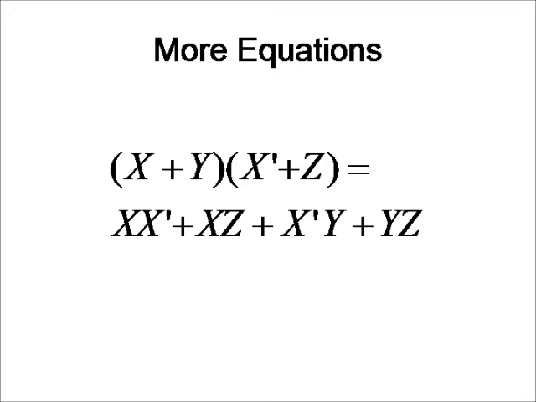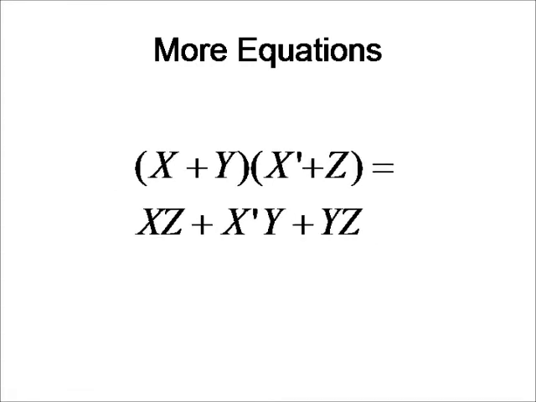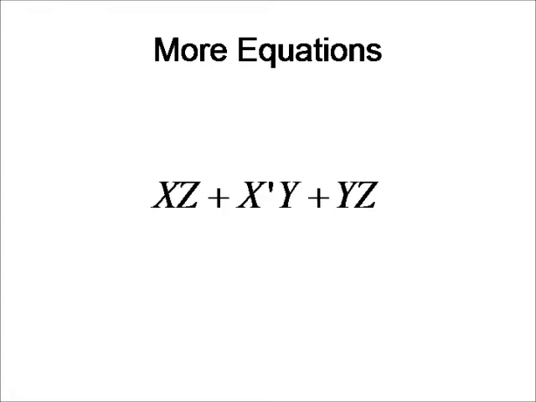We know that x ANDed with x naught is a contradiction and turns out to be 0, so we can eliminate that. And we are left with the equation xz plus x naught y plus yz. I'm going to stop here because, believe it or not, we can in fact eliminate one more term from this equation. It turns out that the yz is redundant.